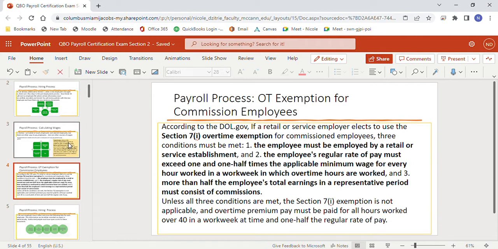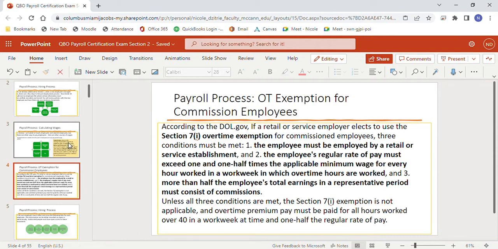All right, so overtime exemption for commission employees. According to the Department of Labor.gov, if a retail or service employer elects to use the Section 7(i) overtime exemption, there are 3 conditions that must be met. 1, the employee must be employed by a retail or service establishment. 2, the employee's regular rate of pay must exceed 1 1/2 times the applicable minimum wage for every hour worked in that work week in which overtime hours were worked.